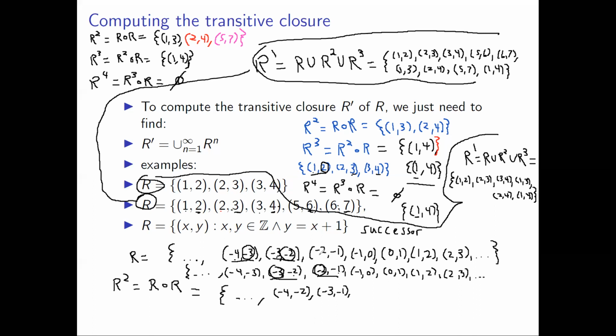Same with this one, -2 and -1. I'll take the -1 as the second term. I need to match that as the first term down here, -1. And that gives me a -2 and a 0. Now this ordered pair, the -1 and 0, its second term is the 0. I need that as the first term down here, and that's only this ordered pair, the 0, 1.